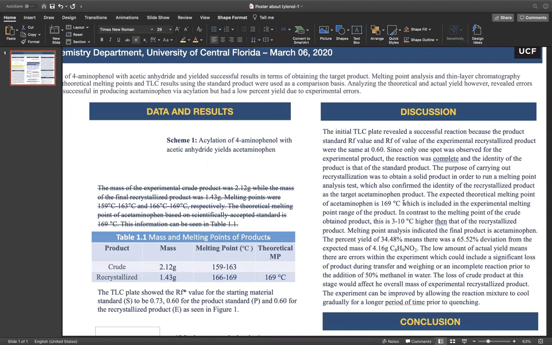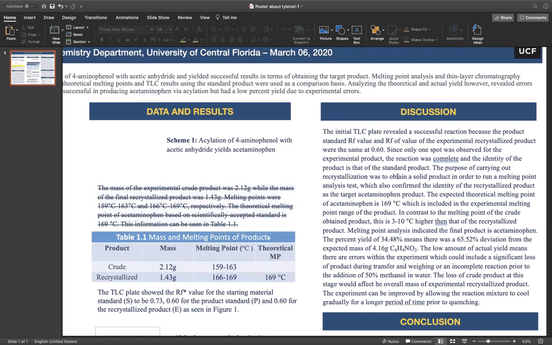So you're basically taking the different data that you've included and you're discussing the data. It's not similar to what's included here within that text, that the mass is such and such and for the recrystallized product is such and such.